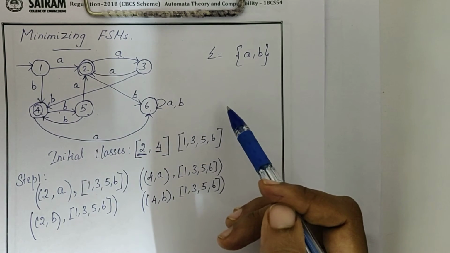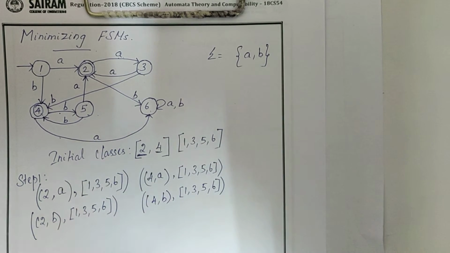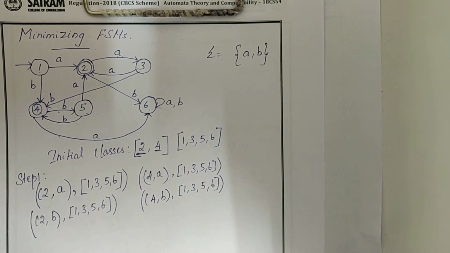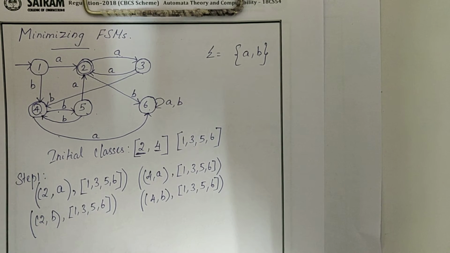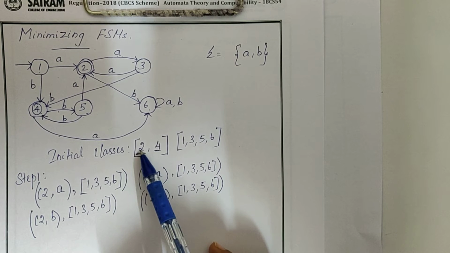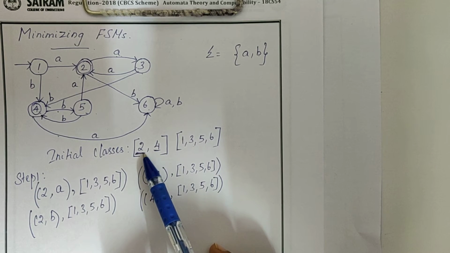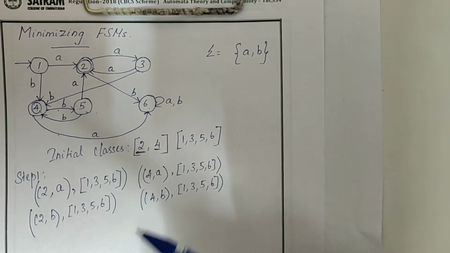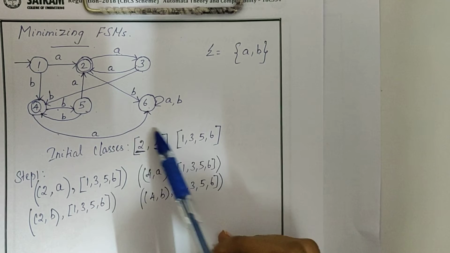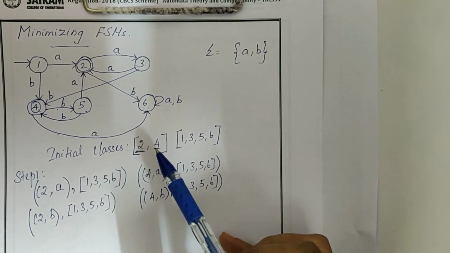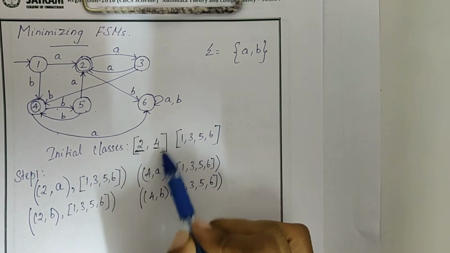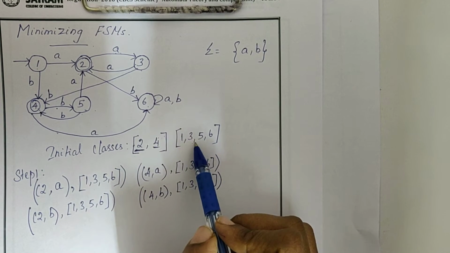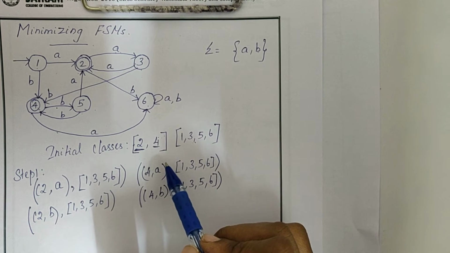Now, in minimizing this DFSM, what is minimizing? I'll reduce the number of states. If the states, when they take input, move to a final state or a non-final state, and if all the states in a class move either to a final state or non-final state, it is an equivalent class.